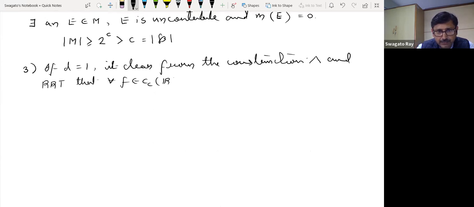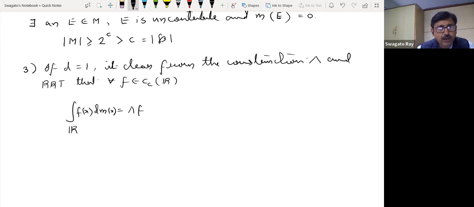That measure is the Lebesgue measure. So this much I know, that lambda f is nothing but the integration over R of f(x) dm(x), the so-called Lebesgue integration with respect to this measure.